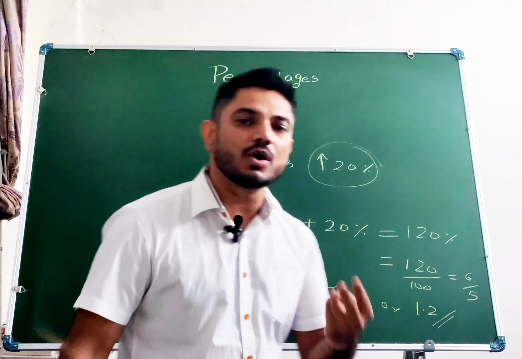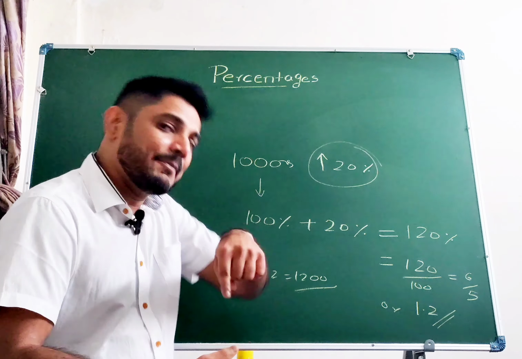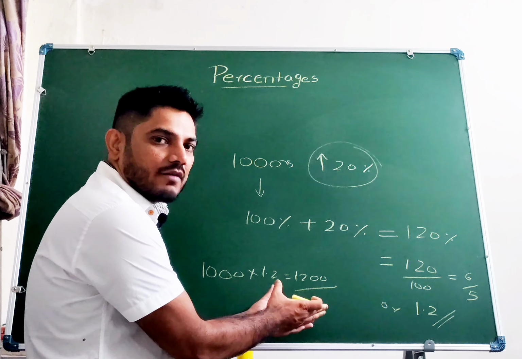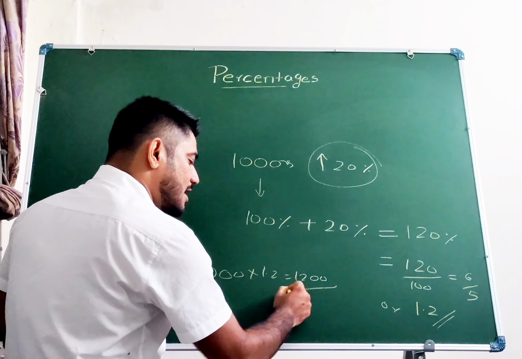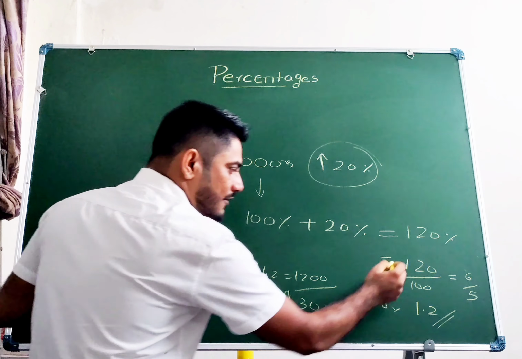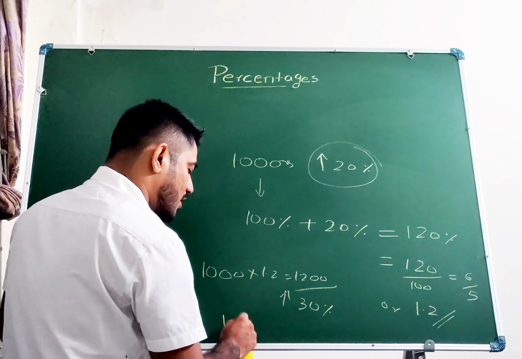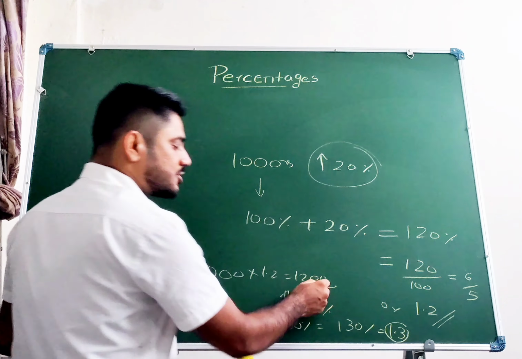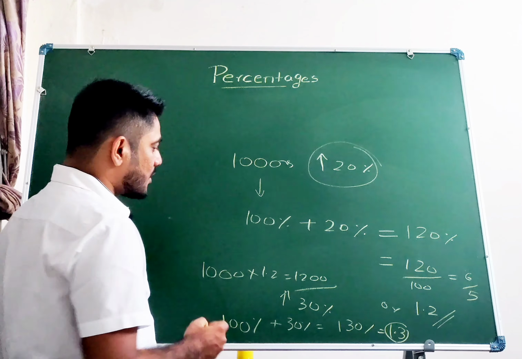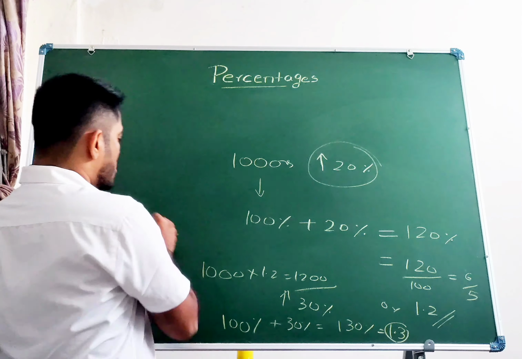And likewise, if I say that increase it successively by 20% and then 30%, keep in mind that now my initial value would be 1200, and if I'm increasing this amount by 30%, I will again use this concept of 100% plus 30%, which is 130%, and in ratio format or in decimal format, it will be 1.3. So this value will be multiplied by 1.3, right? So my final value would be 1200 multiplied by 1.3.